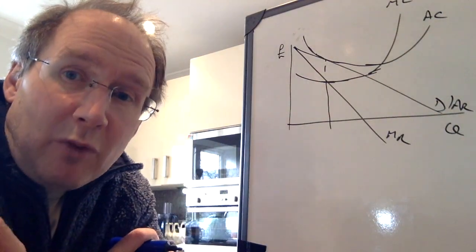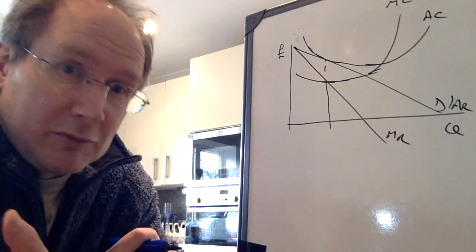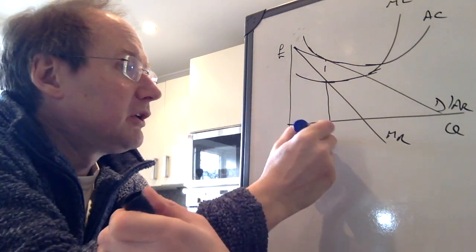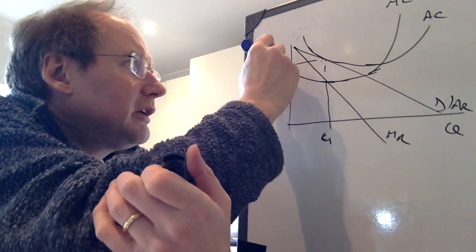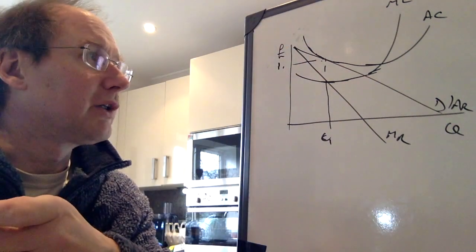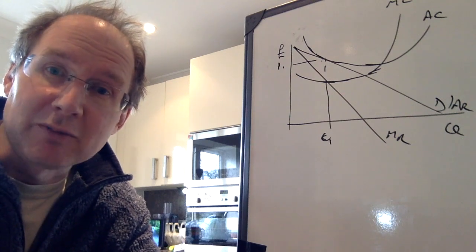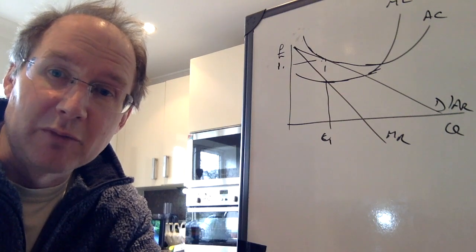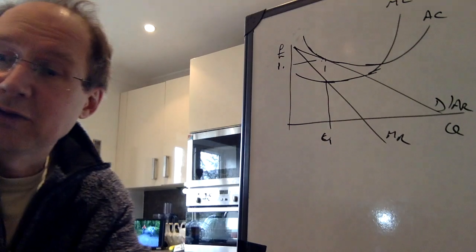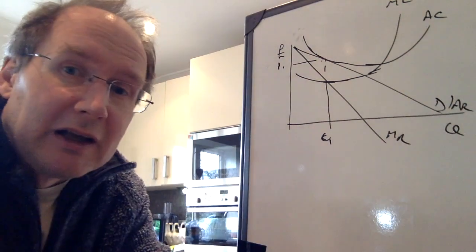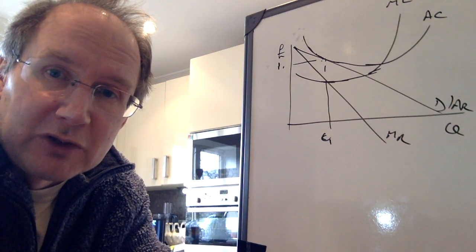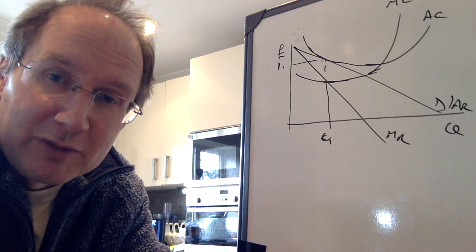Then what we're saying is that the firm is maximising its profits, outputs Q1, and price is P1. So why would you change price? The answer is you wouldn't, unless something happens to either MR or MC. In other words, if the profit maximising output changes, then so too will the profit maximising price.